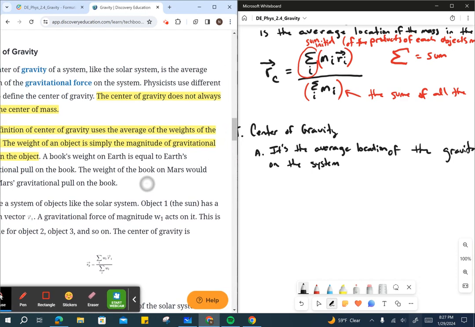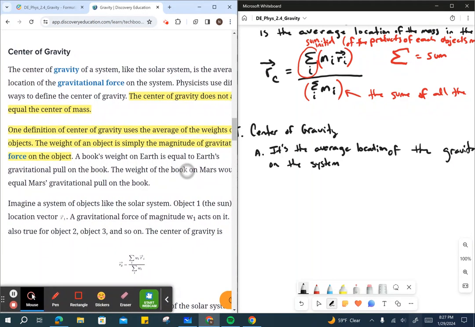The center of gravity does not always equal the center of mass. That's probably worth making a note of, okay?